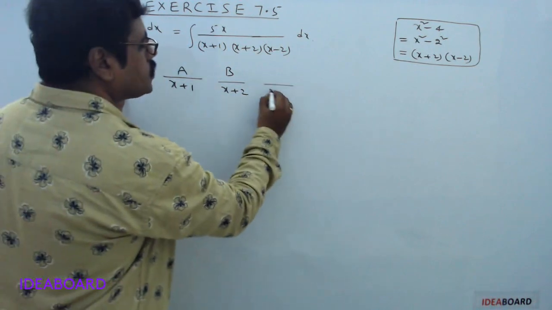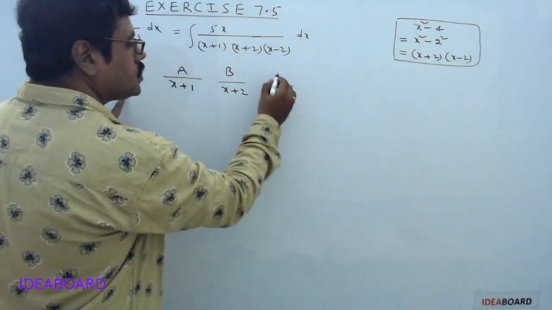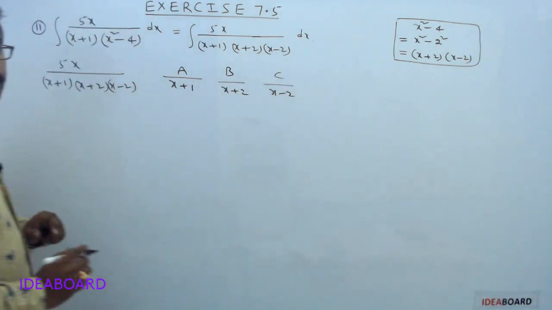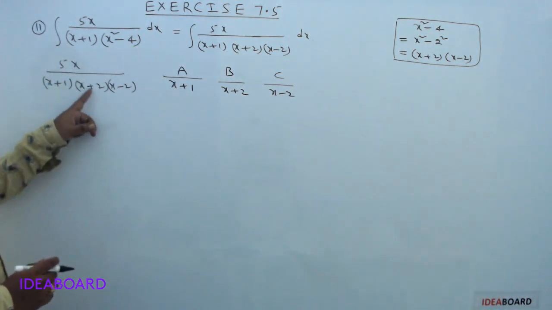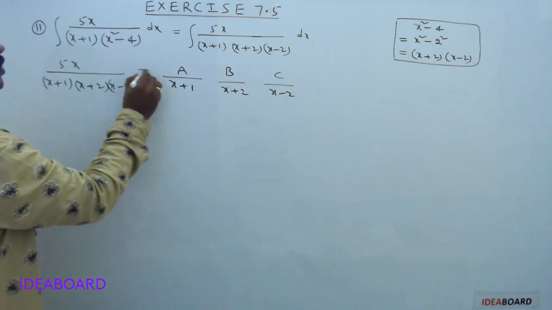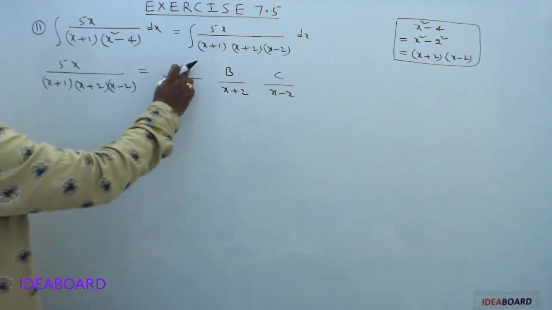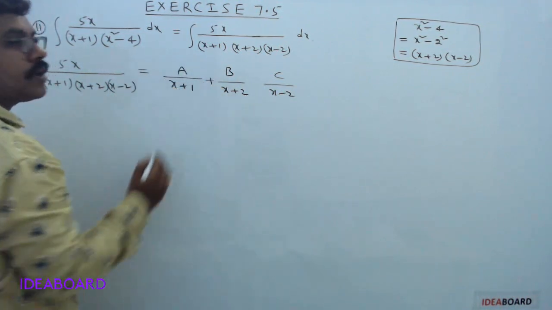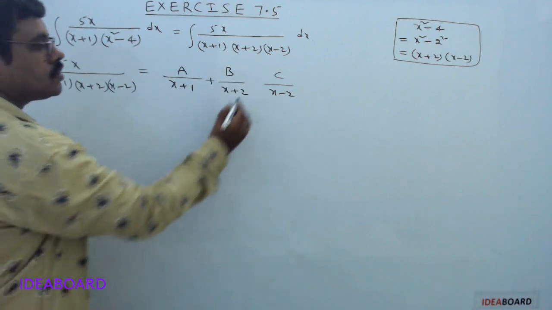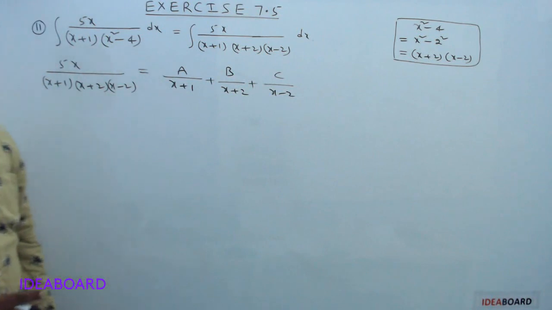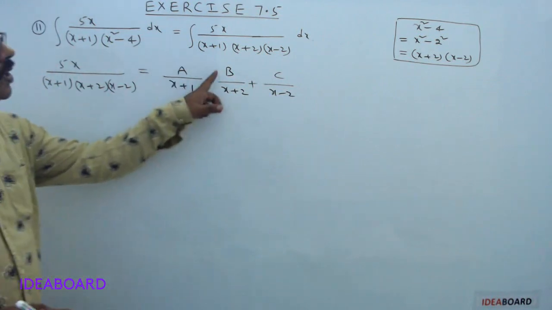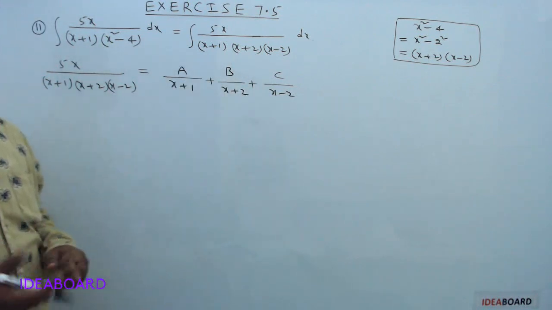Corresponding to x minus 2, you can take a constant term c in its numerator. So therefore 5x divided by (x plus 1) into (x plus 2) into (x minus 2) can be taken as a divided by (x plus 1) plus b divided by (x plus 2) plus c divided by (x minus 2). Here a, b and c are the unknown values.